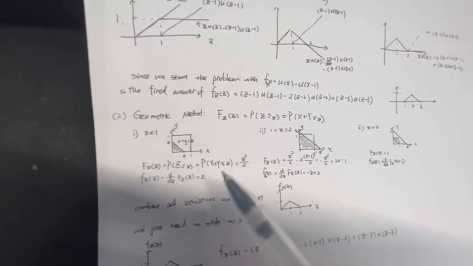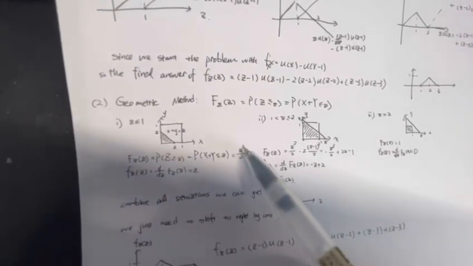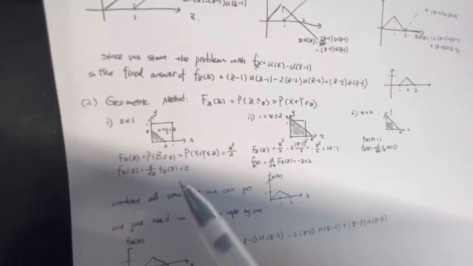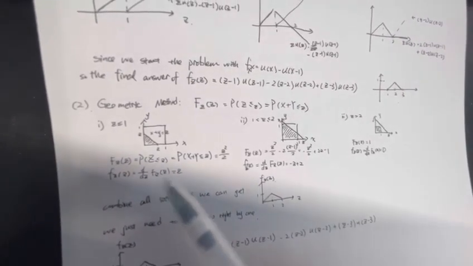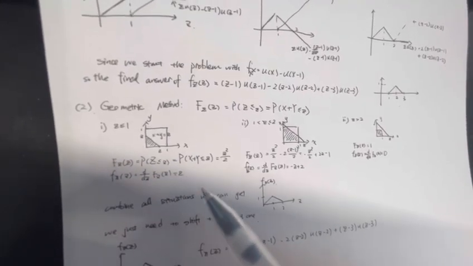So we can get that. And then we can use this to get the little f_Z(z). It's just taking the derivative of the large F_Z(z), which equals z.